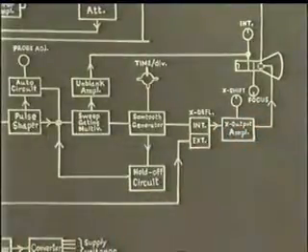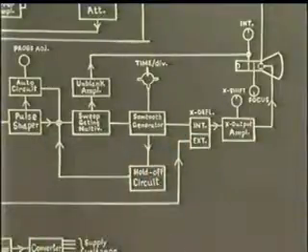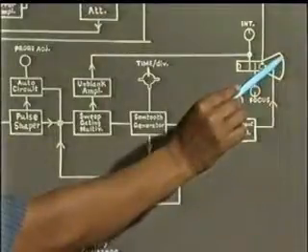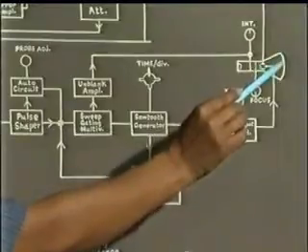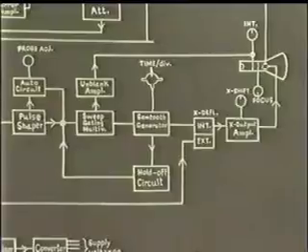Since all the three stages are interconnected, a problem in any of these areas will be cumulative on the CRT screen, but one will get an idea which stage is creating the problem.